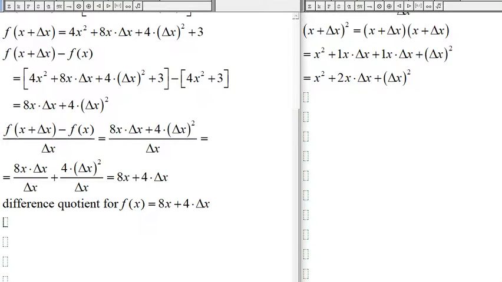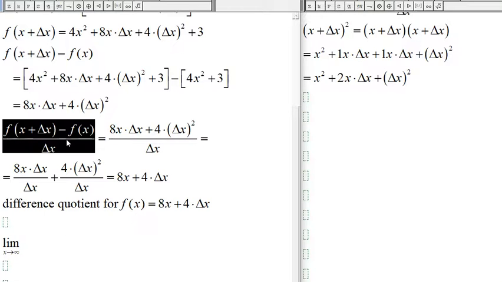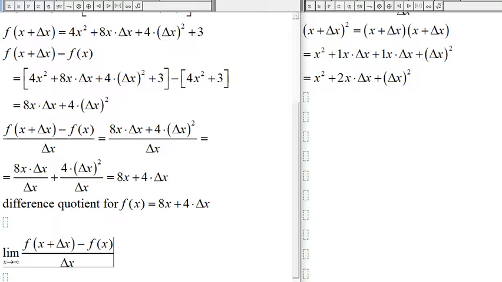And then later on, we're going to be finding things like this: the limit as delta x approaches 0 of the difference quotient. And so this limit is just this, the limit of the difference quotient as delta x approaches 0.